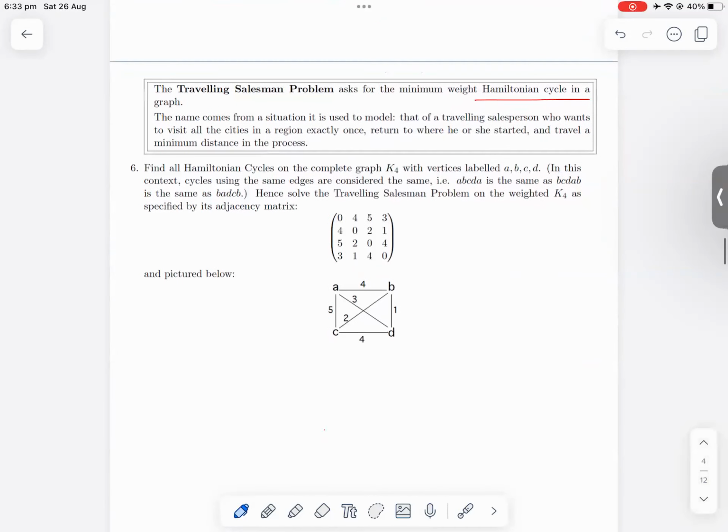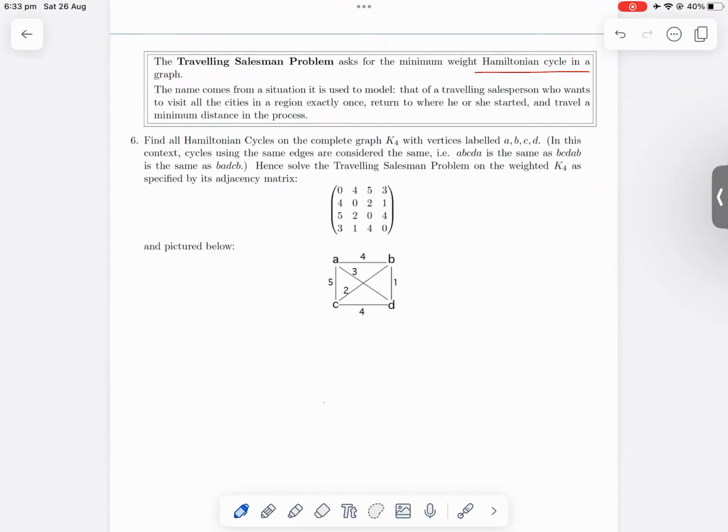Question 6, let's have a look at this interesting type of graph. This one is about the famous traveling salesman problem.